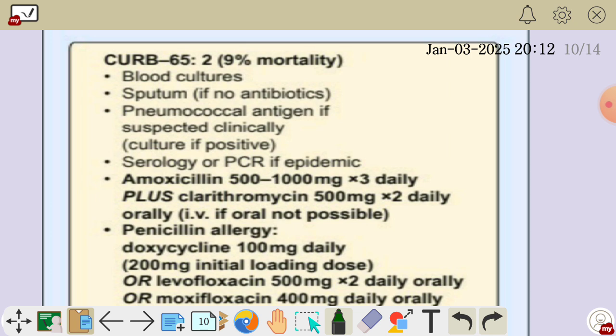Okay, so remember here also use the same medications as earlier, such as amoxicillin, clarithromycin, and doxycycline. We use doxycycline if the patient is allergic to penicillin.